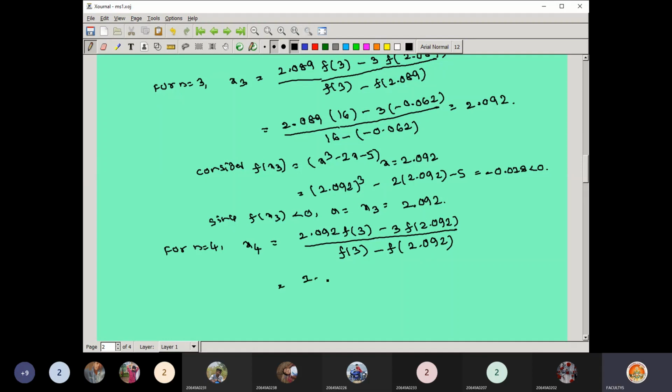So that value is 2.092, f of 3 already 16, minus 3 into, just now we calculated f of 2.092 value, minus 0.028 we got it. Total it is divided by f of 3 is 16 minus that value minus 0.028. So again you can use your divided by button so that it is very easy.